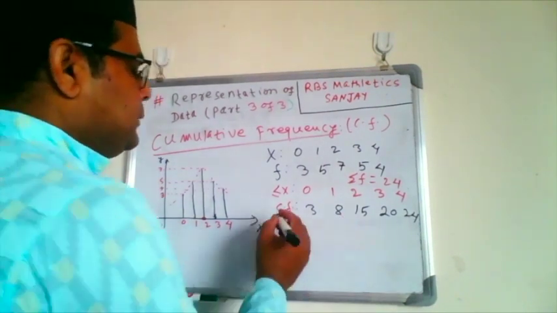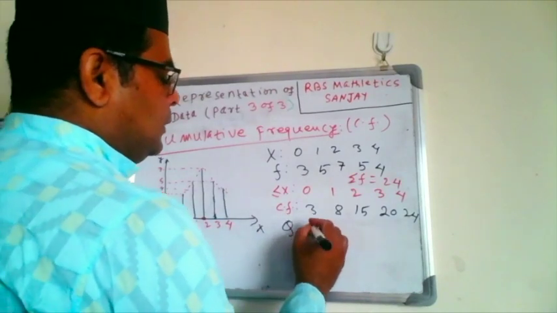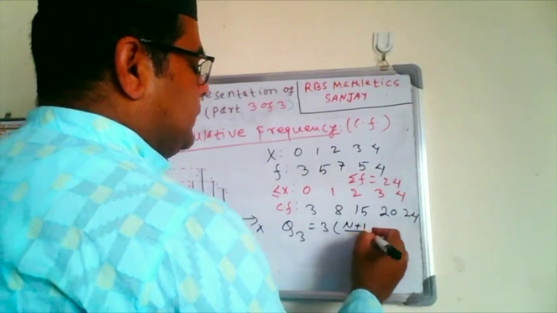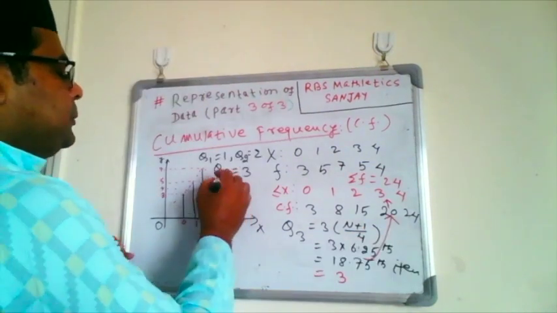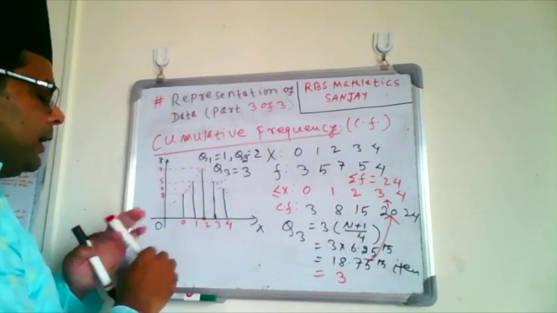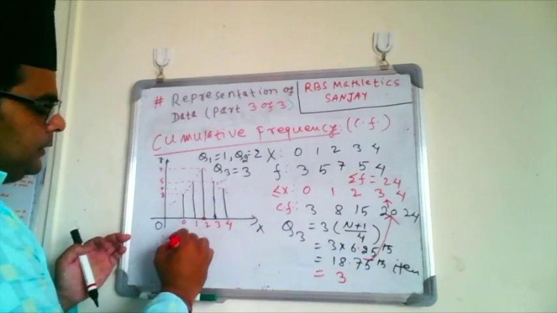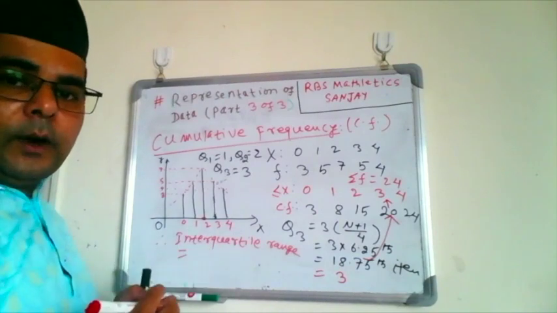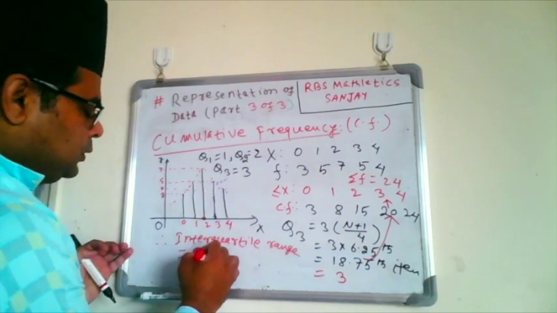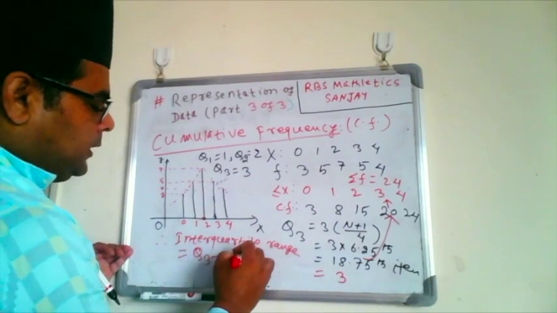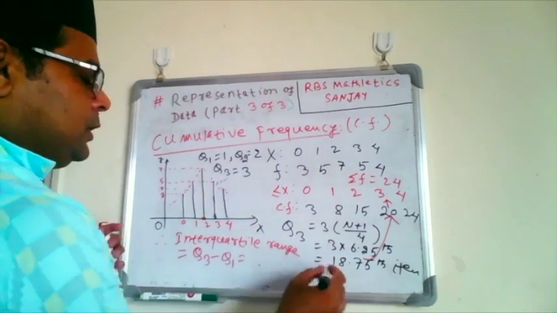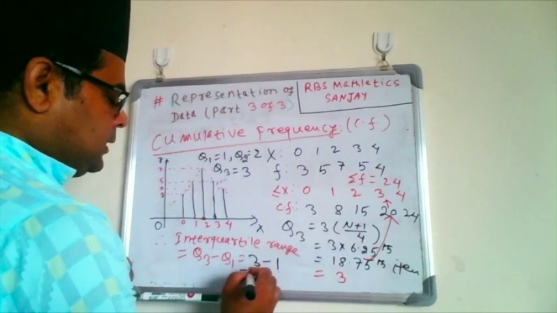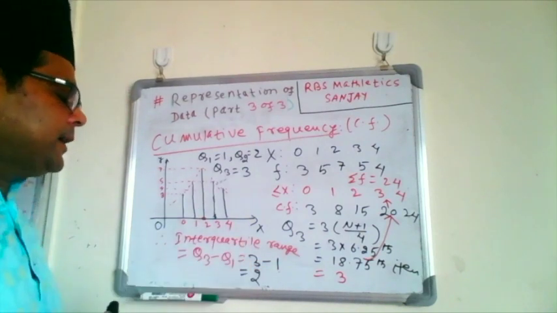Similarly, if you would like to have the third quartile value, that means 3 times (n plus 1) by 4. So if you would like to have the interquartile range, you know that the interquartile range equals Q3 minus Q1. Your Q3 value is 3 and Q1 value is 1, so 3 minus 1 is 2, that means the interquartile range is 2.